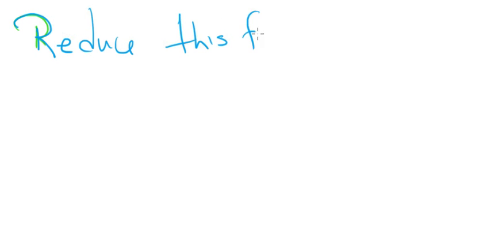And we're going to go on to our next problem, our first example problem. And here's what it wants us to do. I'm going to write this down for you. It wants us to reduce this fraction.